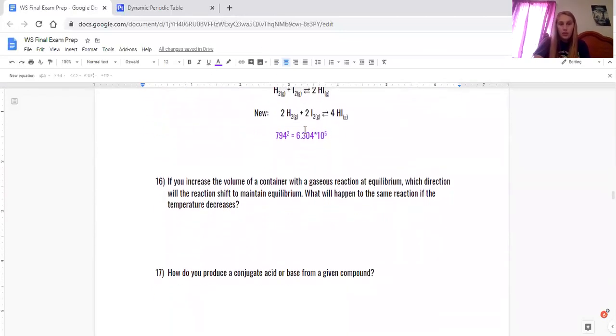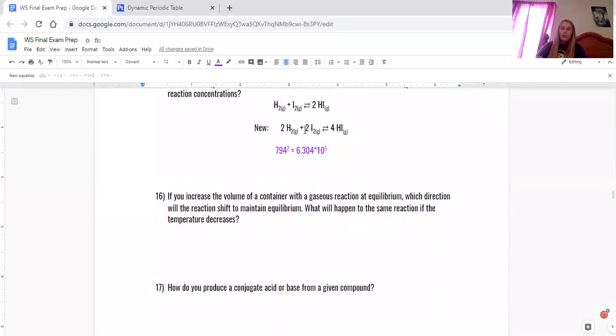All right, number 16. If you increase the volume of a container with a gaseous reaction at equilibrium, which direction will the reaction shift to maintain equilibrium? What will happen to the same reaction if the temperature decreases? All right. So you increase the volume, which direction will go? So an increase in volume is going to make everything want to spread out, right? So how I like to look at that is it's getting bigger.